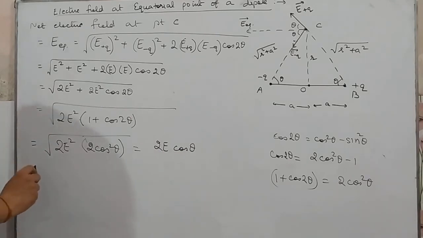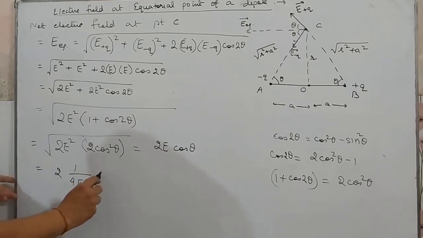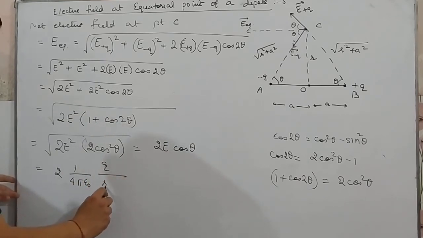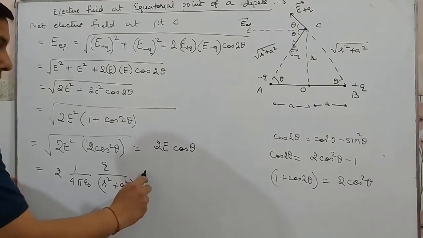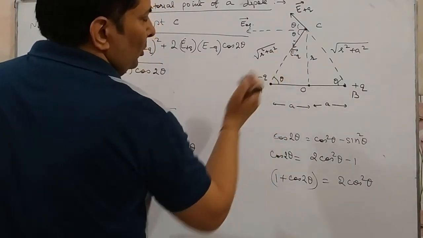Put the values: the value of the electric field is 1 upon 4 pi epsilon naught Q upon R squared plus A squared. Cos theta is from this triangle: cos theta is base upon hypotenuse.